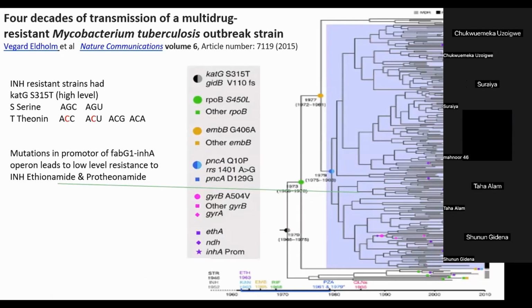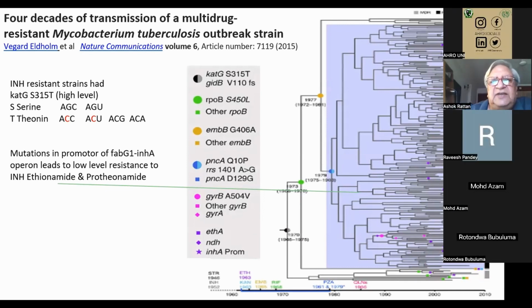Again, it indicated that there are 2 sites in which mutation for INH occurs. INH is a prodrug. INH is converted into its active form by catalase enzyme, and mutation in the KatG gene at S315T would make it irreversible. So there'll be high level resistance to INH. But if there is mutation in the promoter of inhA, then low level of INH resistance would occur.